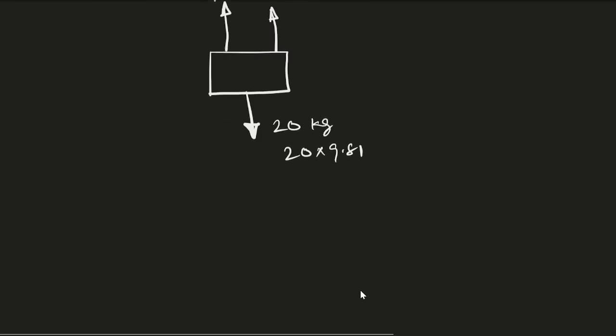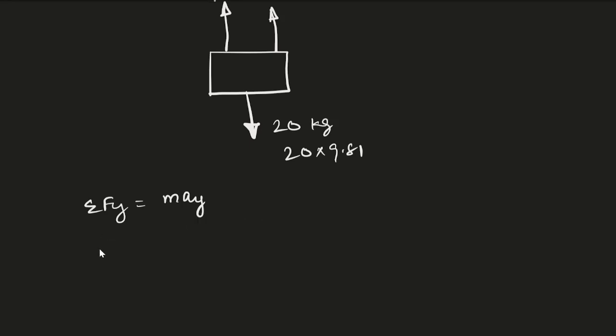Again we are going to use Newton's second law. Summation of Fx will be equal to m into aC. Here there are no horizontal forces, so we will be using only the vertical forces. So summation of Fy will be equal to m into ay, and in terms of ay I can take a.